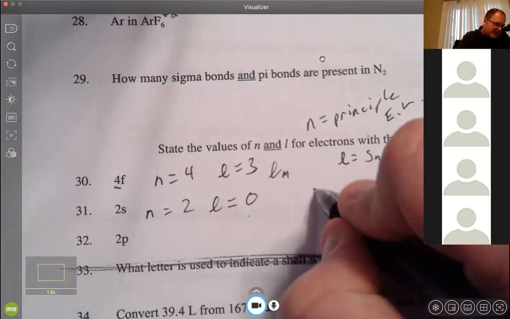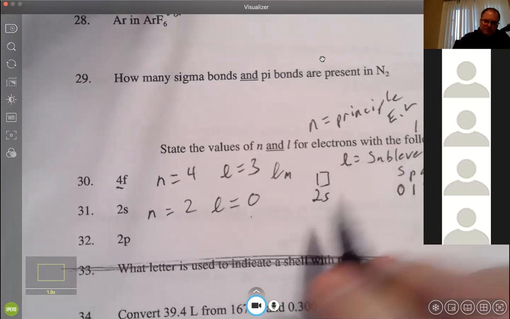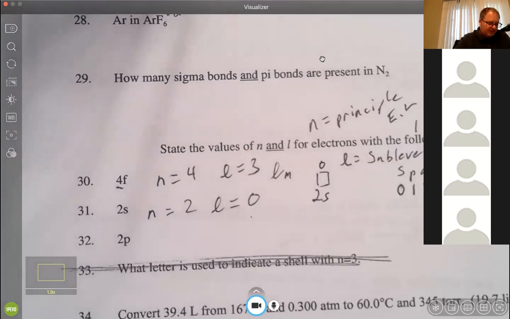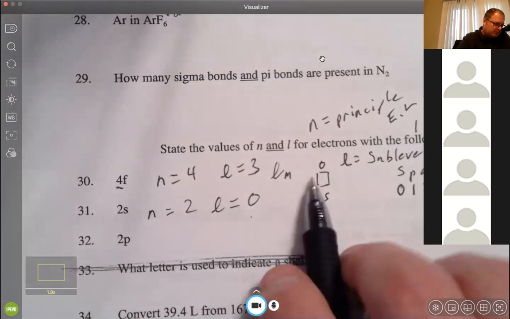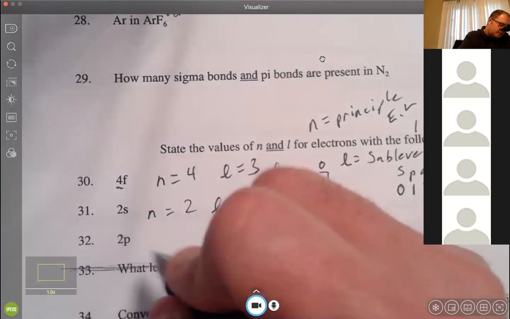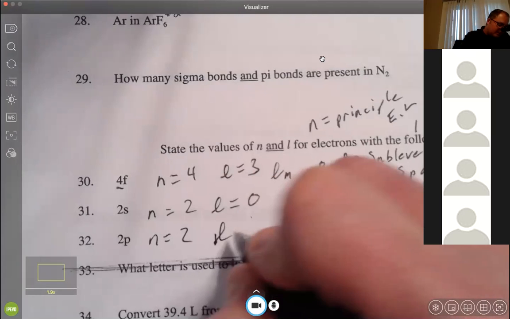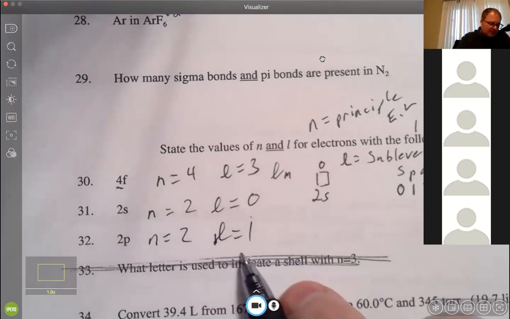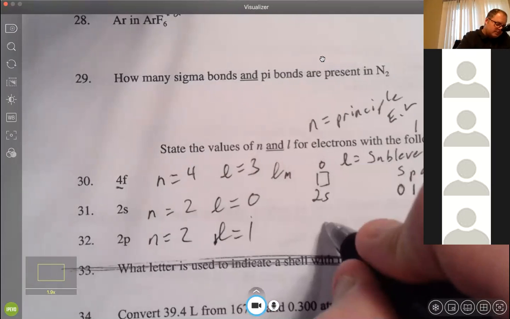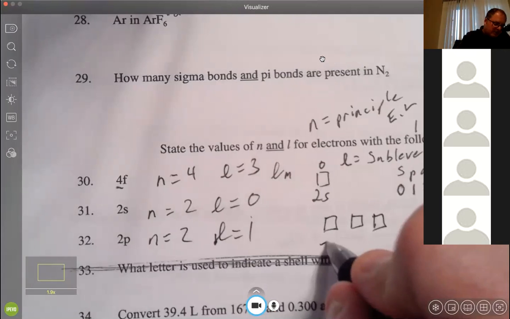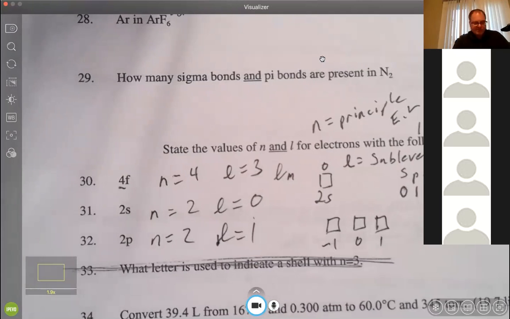So the 2s orbital would basically be that 0 if we looked at the M sub L. 2p, N equals 2, L equals 1. And then if we look at that, P has 3 orbitals, negative 1, 0, 1. Now there is one more, there's the 4th digit.